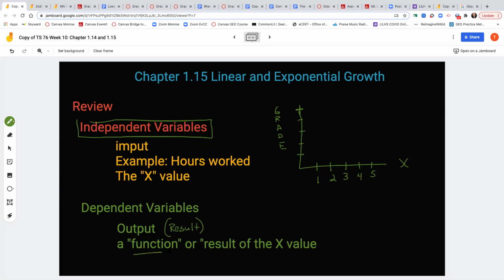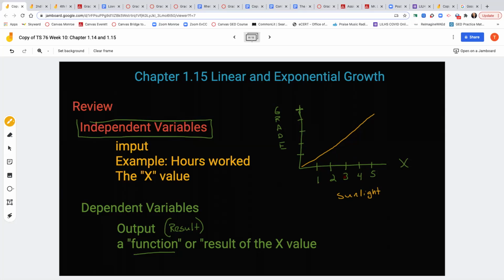This word function is kind of like the same thing as a result of the X value, meaning how much growth, if I was charting this, directly in correlation to how many hours of sunlight, with 1 hour, 2 hours, up to 5 hours. If for every hour of sun you give this plant, it grows so many inches a month.